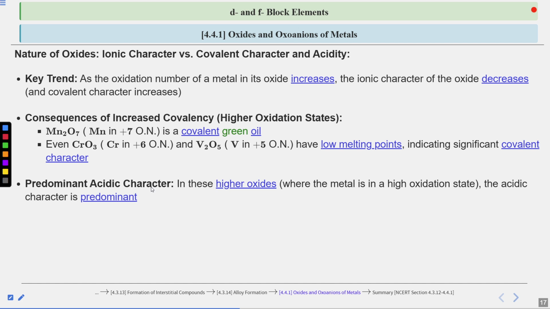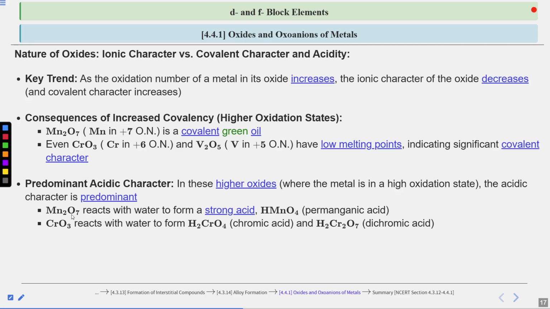Predominant acidic character. In the higher oxides, where the metal is in a high oxidation state, acidic character is the predominant factor. Mn2O7, where manganese is in its highest oxidation state +7, reacts with water to form a strong acid, HMnO4, named permanganic acid.